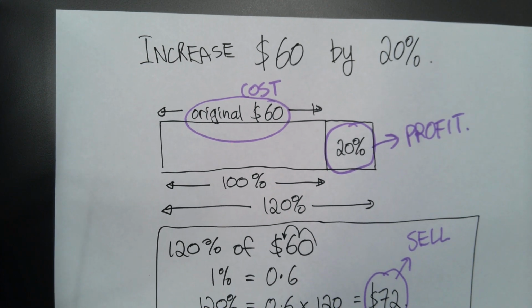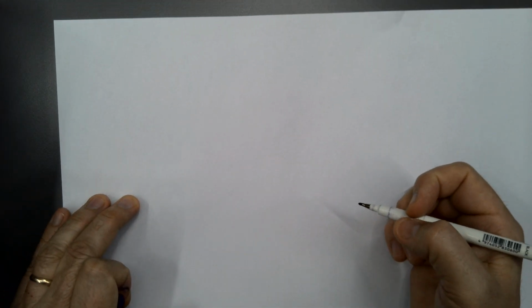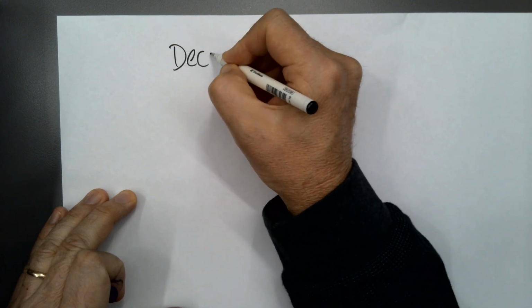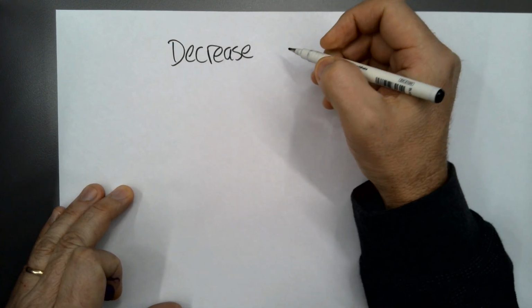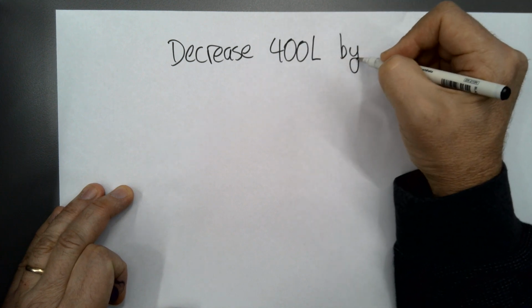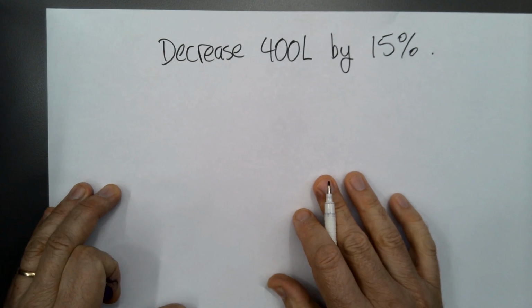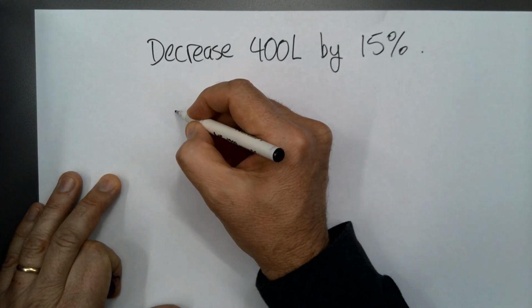All right, so this could be, it's a similar situation. Okay, so what if I'm going to decrease 400 litres by 15%? Okay, righto, so let's have a look at it.